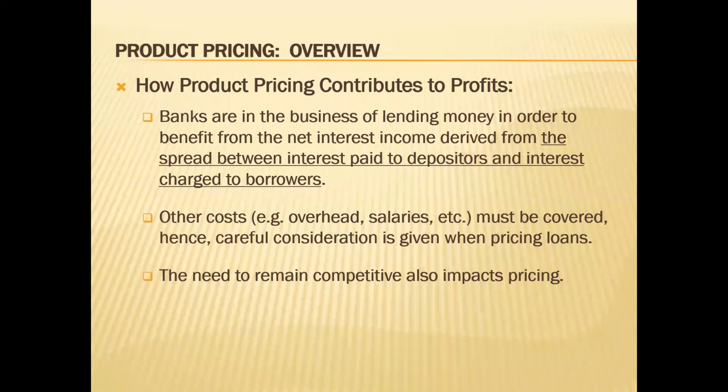And you normally get that from other financial institutions, interbank borrowing, etc. So that is normally pegged from the prime lending rate, I think, which is 4.5 or 4.25. Okay. Other costs, for example, overhead and salaries, must be covered. Hence, careful consideration is given when pricing loans. The need to remain competitive also impacts pricing.